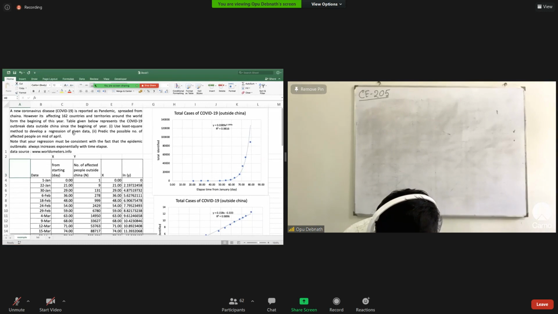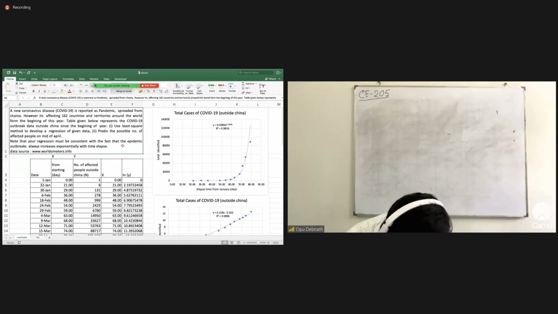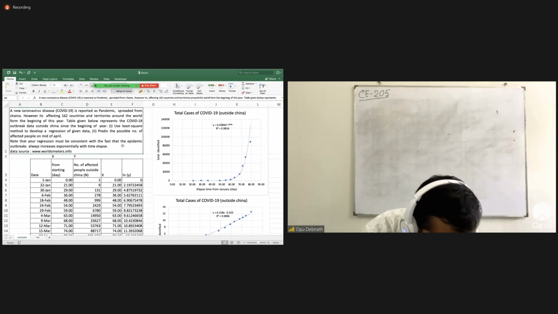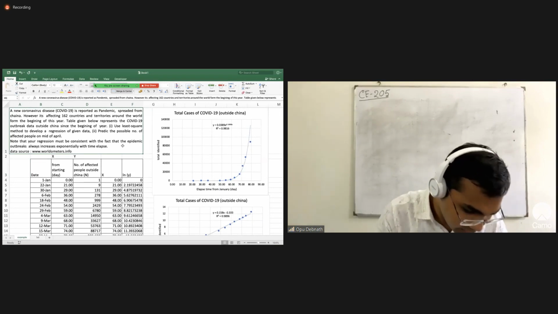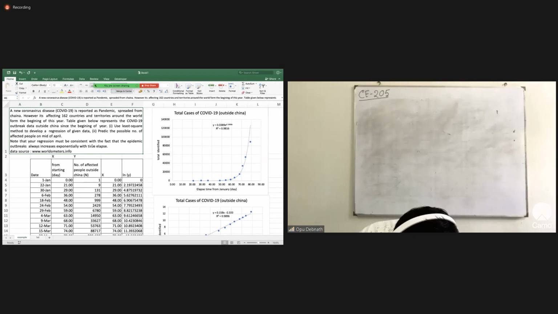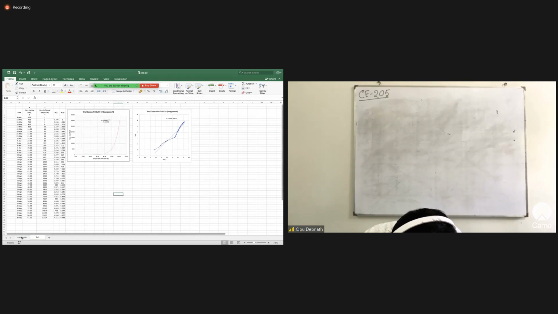So look at this problem. Actually, it's a real life problem related to COVID-19. So this is an example, and thereafter I will show how to work with a large set of data.